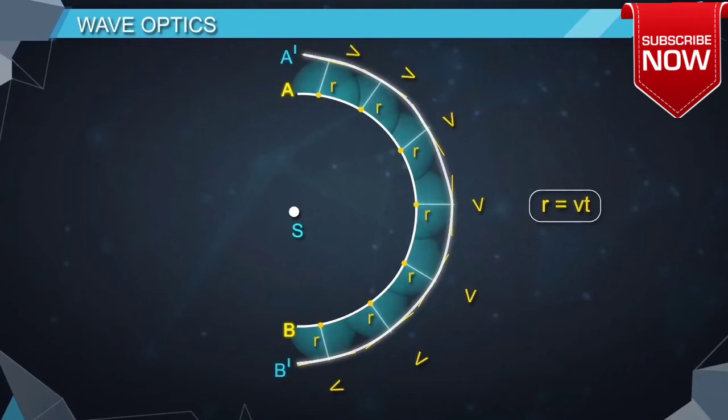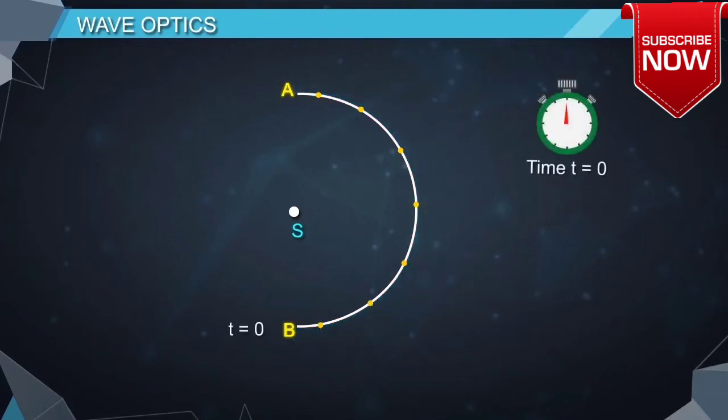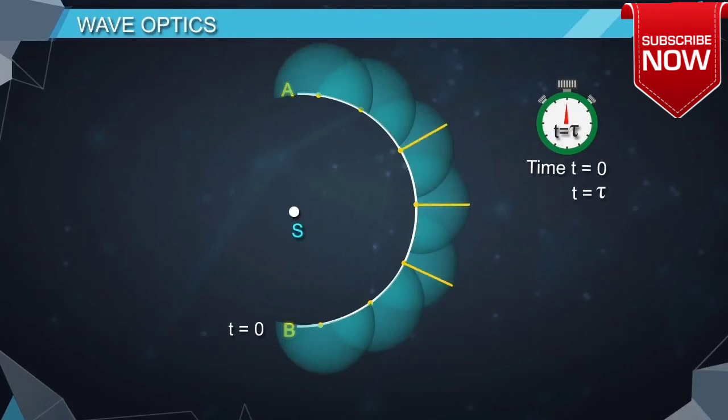When time t is equal to 0, the radius of secondary wavelets will be equal to 0. It represents the initial position of the wave. When time t is equal to tau, the radius of the secondary wavelets will be equal to v times tau, and this will be the new position of the wave.